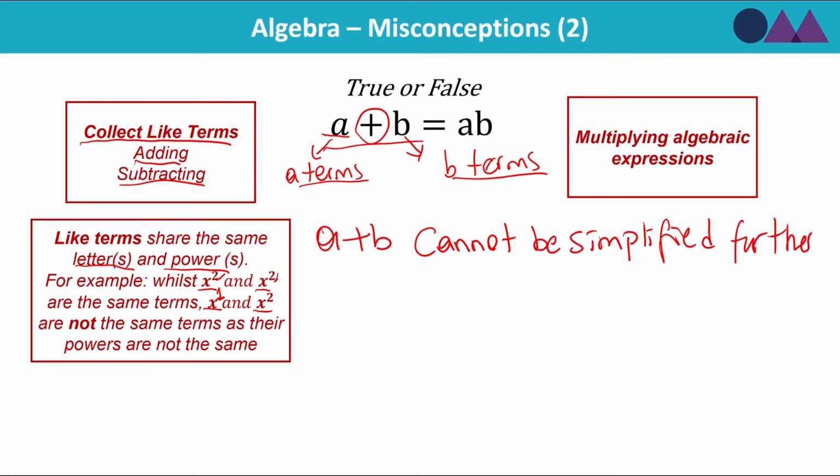Alright? However, we can multiply them. A times b makes ab. Always remember guys, if there's nothing between two letters, the operation is times. As a result, we will say you can multiply these two letters, however, you can't collect them.